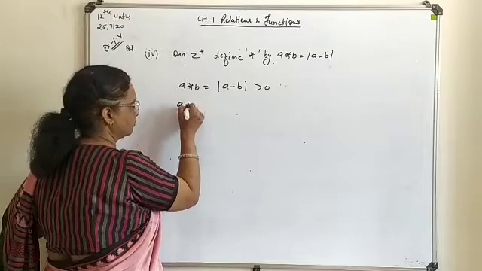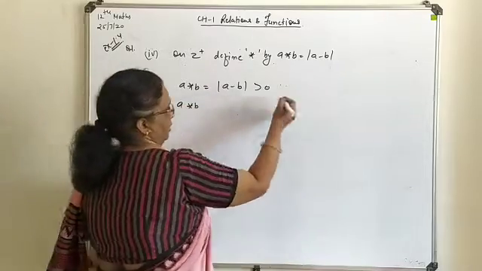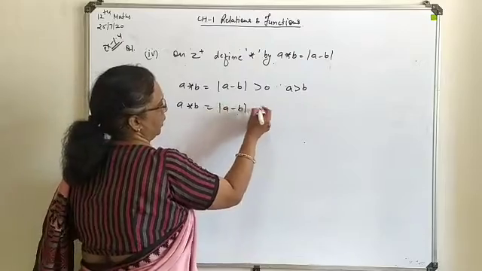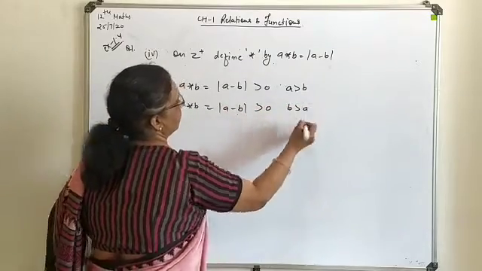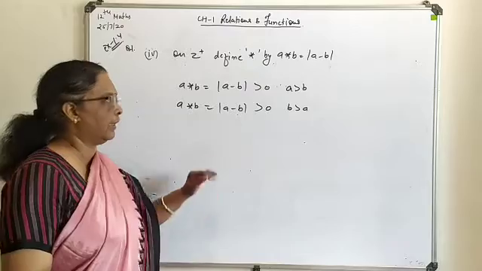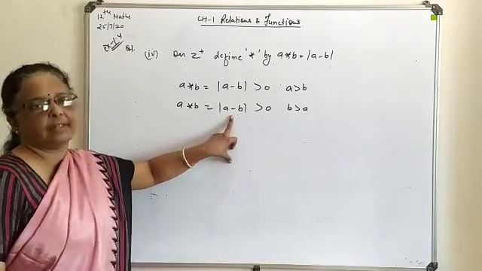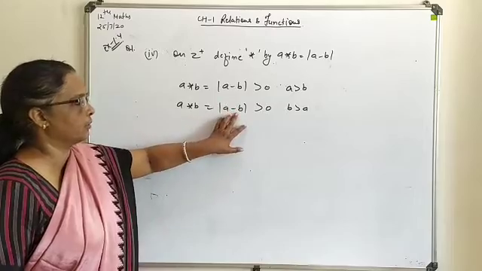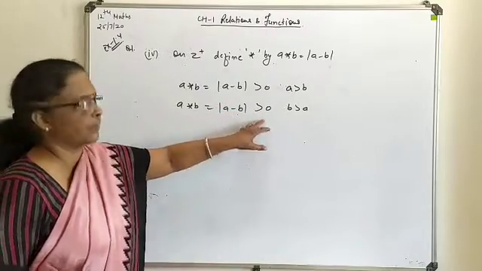Even if you are talking about reverse order, in which your b is greater than a, at that time also the modulus value of b minus a, whatever your value is going to be, will return a positive quantity.